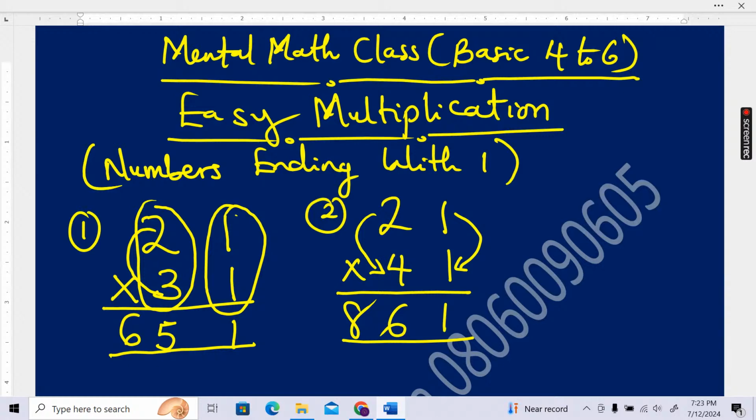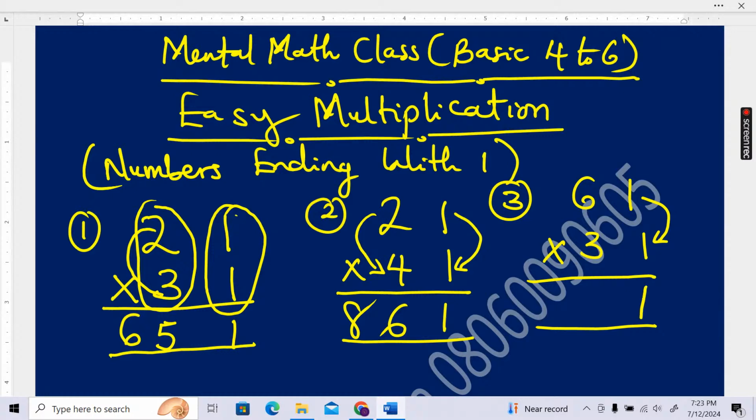Now, the third example. What is 61 times 31? The same method, 1 times 1, that is 1. Let's add 6 and 3 together. That will give us 9. Then multiply 6 by 3. 6 times 3 is 18.